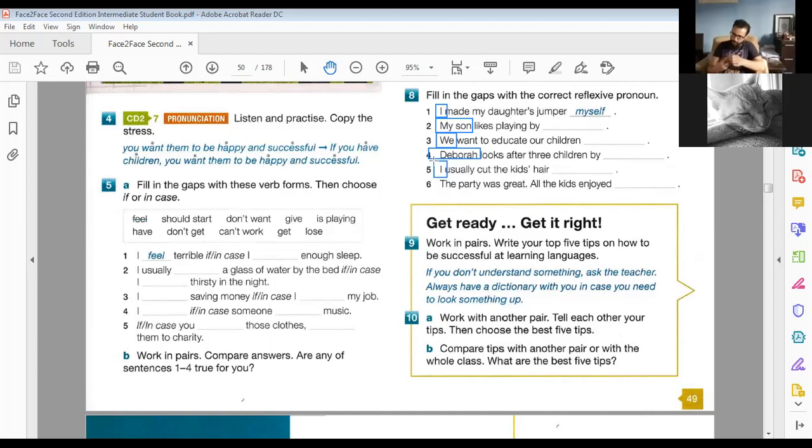I think maybe... it's better to use by myself. I think the only situation where you have to use by is when you use it like alone. You can say, for example, I live here by myself.